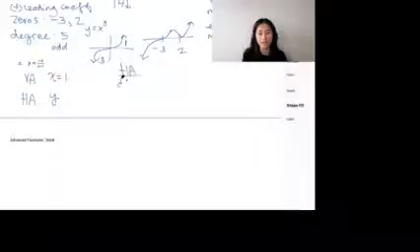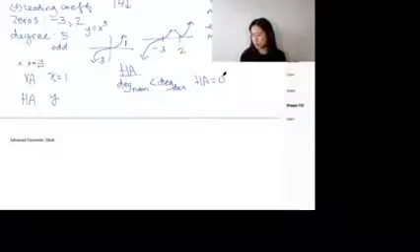If the degree of your numerator (DEG means degree) is less than the degree of your denominator (DEN is denominator), that means your horizontal asymptote is 0. Does that make sense?